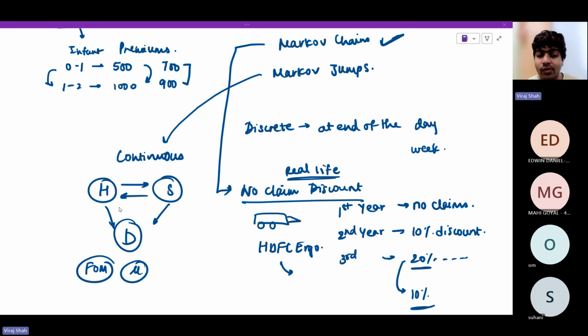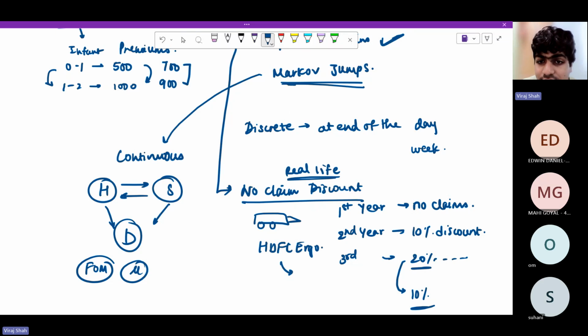Or in one second I was in the sick state and I converted back to healthy because I recovered. Or I was healthy right now and I died right away, so healthy to death. That instantaneous change is what we are going to look at in Markov jump, chapter number 5. The change that happens quickly is what we are going to look at in chapter number 5.